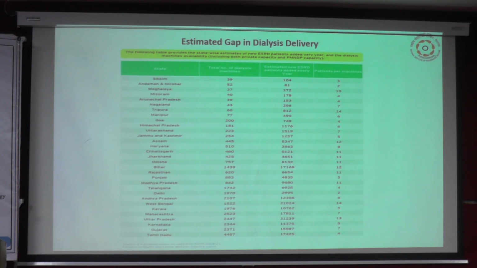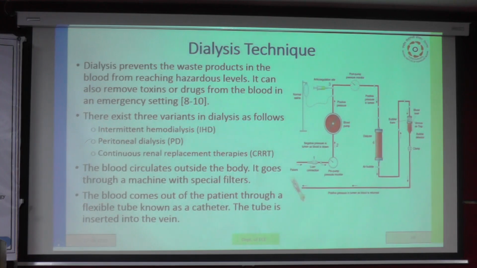That is not a good situation. 14, 20, people have to depend on only one dialysis machine. So there is a shortage of dialysis delivery, not enough dialysis centers or machines. This is alarming statistics.